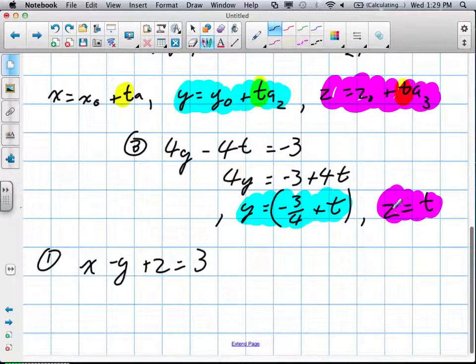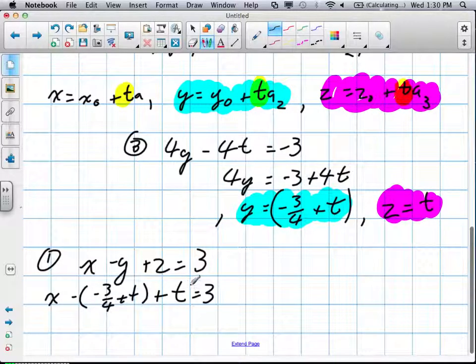Well, I have a y and a z value. So x minus negative 3 over 4 plus t, plus z is t, is equal to 3. Now I'm left with just an x variable and a t. I'm going to set x equal to some form of t. So x plus 3 over 4 minus t plus t is equal to 3.